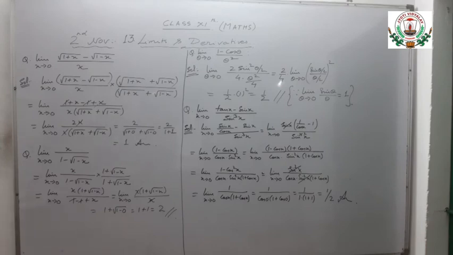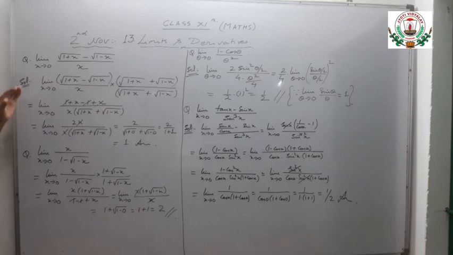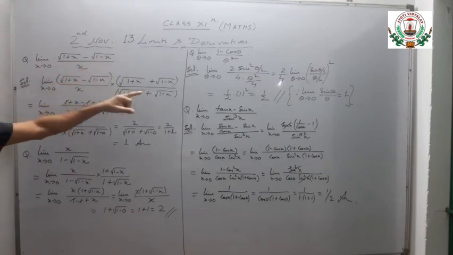Now here I am going to discuss some of the few questions which are very important. Limit x tends to 0, under root 1 plus x minus under root 1 minus x upon x. Here also we will rationalize the numerator as the numerator is in the radical form. So its conjugate will be under root 1 plus x plus under root 1 minus x.